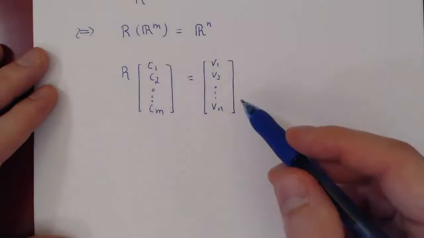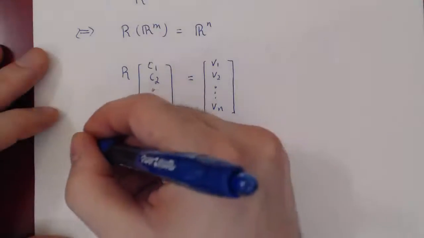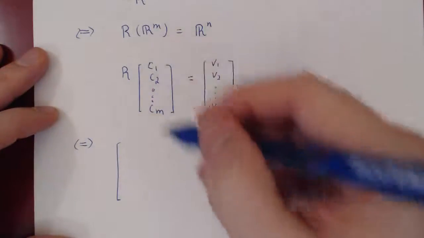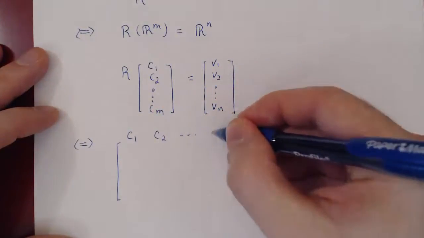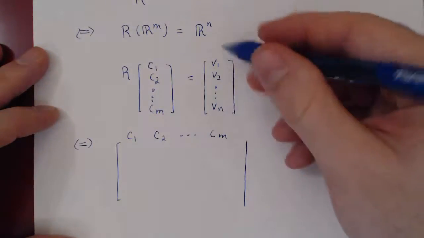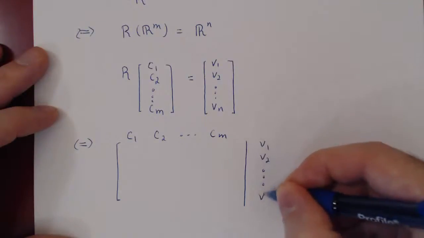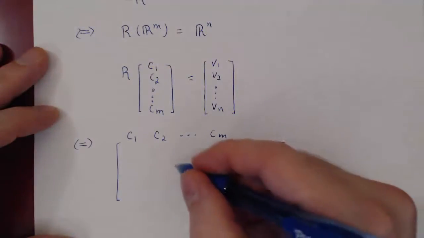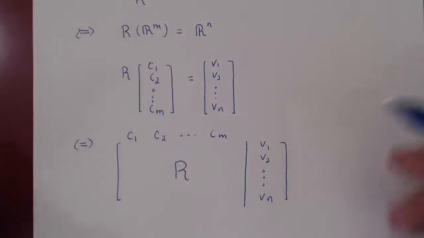And now we can write this as a linear system in the form of its augmented matrix. We have a linear system where the variables are the coefficients C1, C2 through Cm. The constant terms are the entries of the vector V1, V2 through Vn. And the matrix is the reduced row echelon form of A.